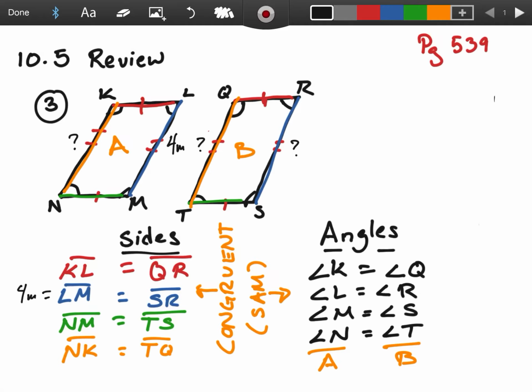Side SR also equals 4 meters. And so does side QT, and so does side KN. Side TS is 3 meters, and that means all the other congruent sides are the same: 3 meters, 3 meters, 3 meters. For number 3, I don't know any of the angles, so I don't have to solve unknown angles, but I did solve the unknown sides.